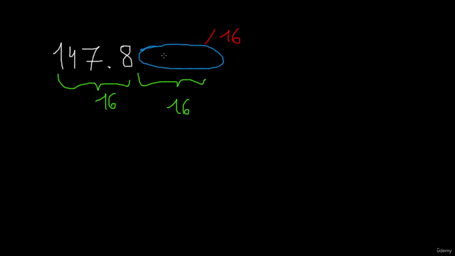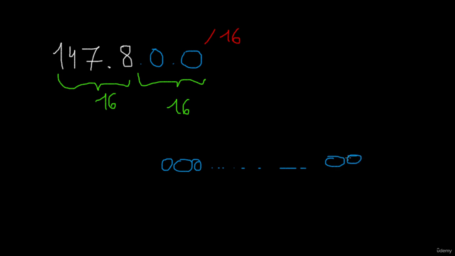All of this is the host ID, and it needs to be all 0. So this decimal representation is representing 16 zeros for the host ID.